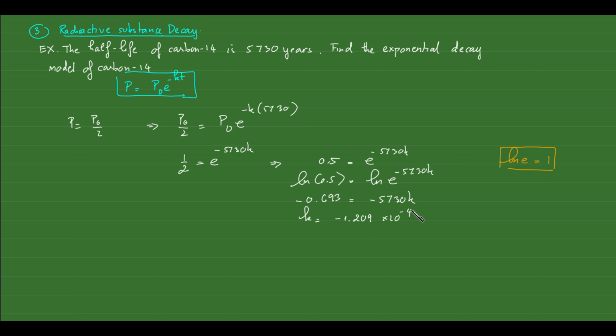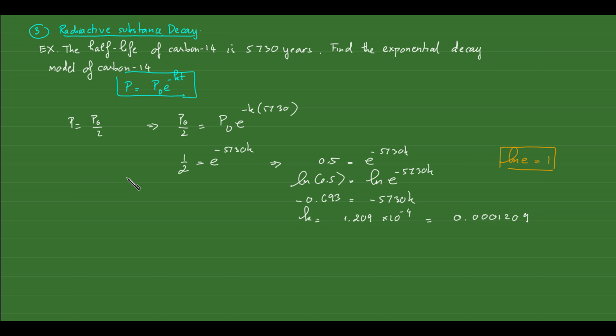Which is a very small number, huh? So about 1.000129. Alright, so that's just the k.